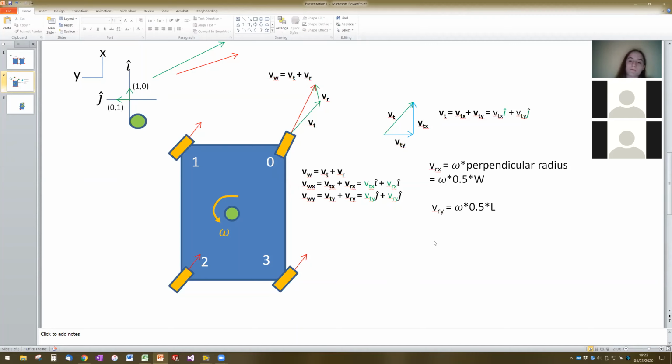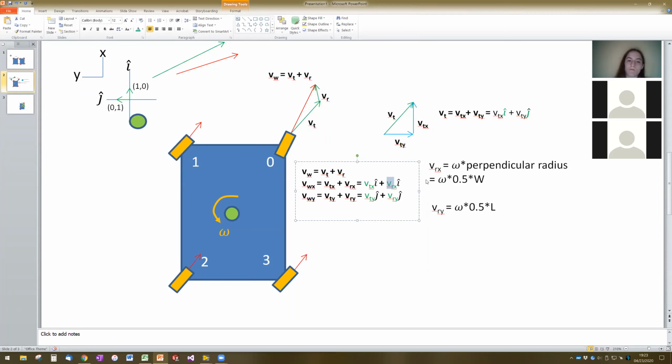Okay. So we now have a way to get to all of the components of the wheel's velocity vector. If we have time, I'll talk about how we then convert the wheel's velocity vector back into an angle for the azimuth motor and a speed for the drive motor.